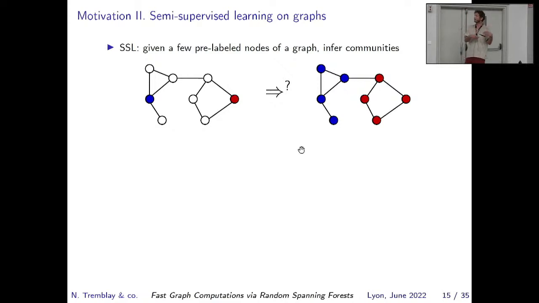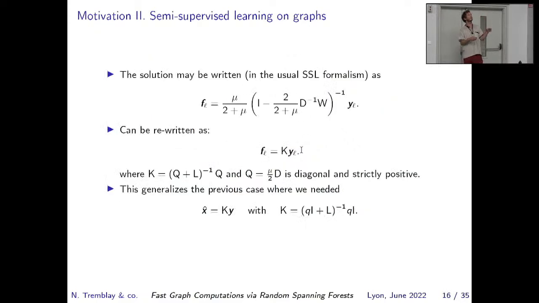This can be understood as some sort of denoising as well. Not going into the detail, at the end, the operation you're trying to do is very similar to the one you had before. It's just that this is the new K you have, where q here is not qI anymore, it's some diagonal matrix Q with positive entries on the diagonal. So it's a generalization, let's say.